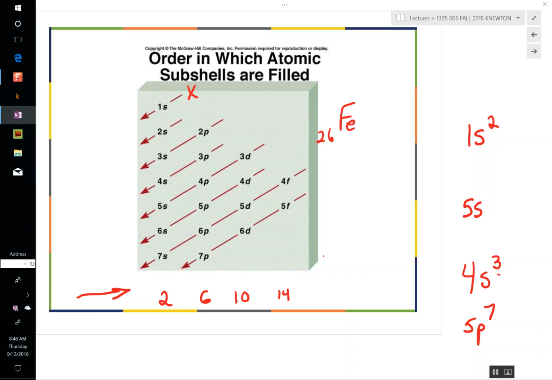Okay, let's take a look at sodium. What does sodium need to do to achieve the electronic configuration of neon? Here's neon. Here's fluorine, right next to neon. But the very next element past neon is sodium.